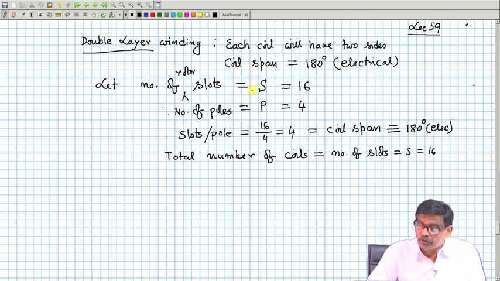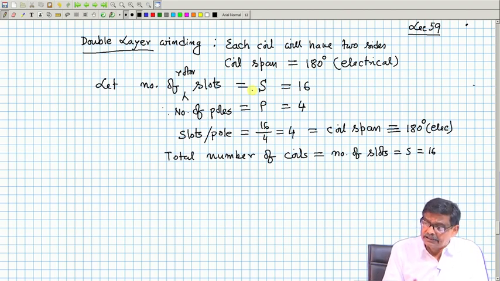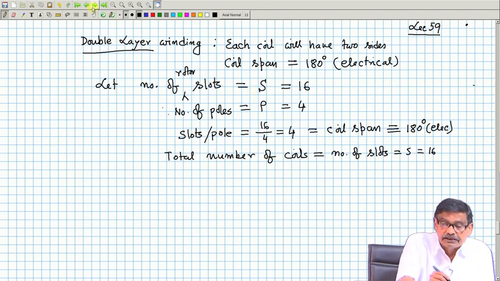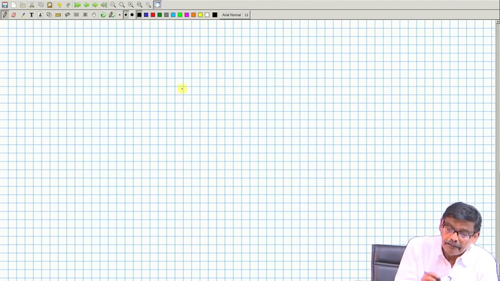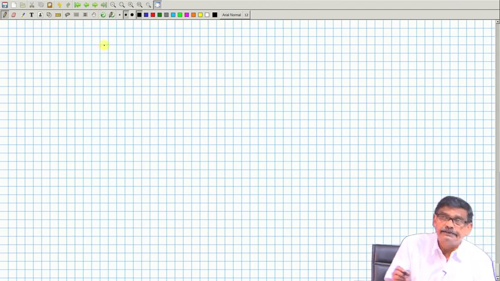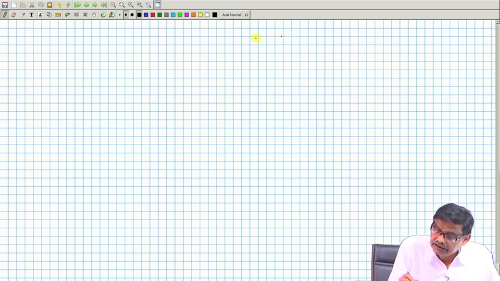Now, how do I go about placing the coils like that? The calculations are simple if you follow me carefully. There are 16 coils, 16 slots.